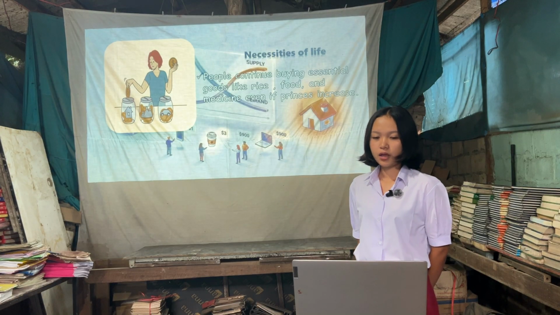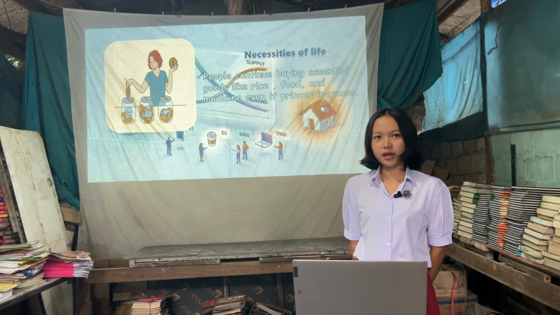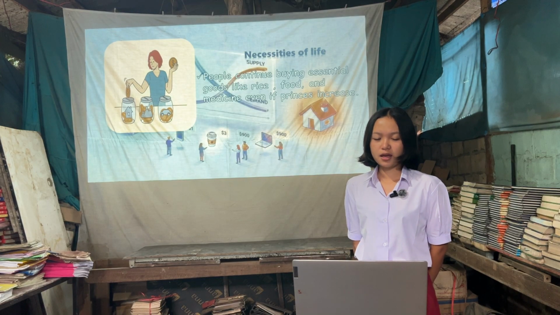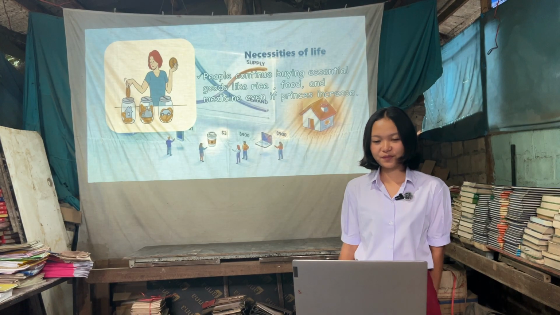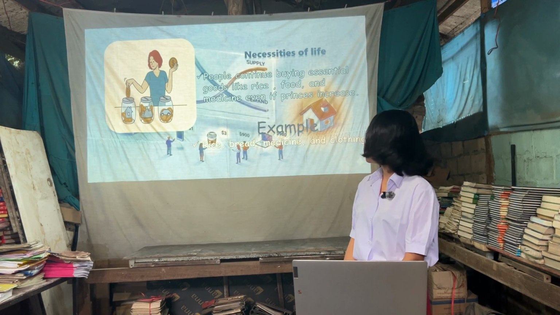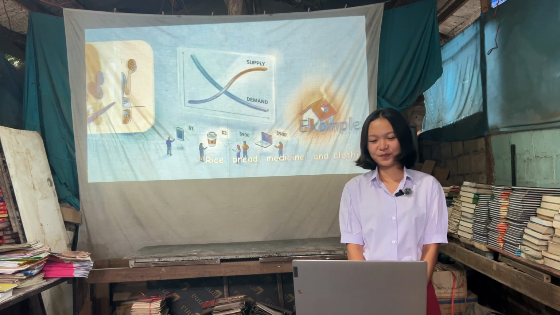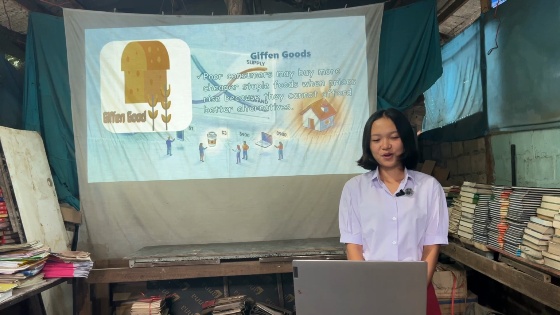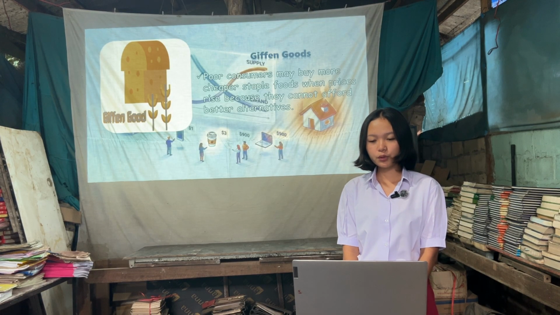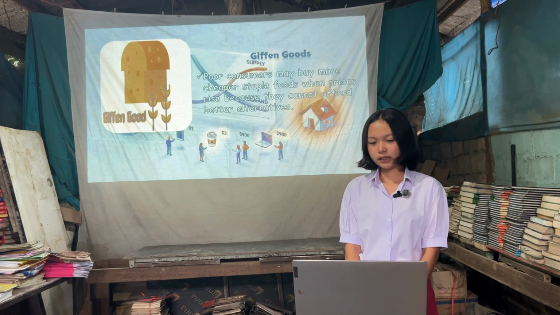Necessities of life: people continue buying essential goods like rice, food, and medicine even if prices increase. For example, rice, bread, medicine, and clothing. Next is Giffen goods. Low-income consumers may buy more cheap staple food when the price rises because they cannot afford better alternatives.